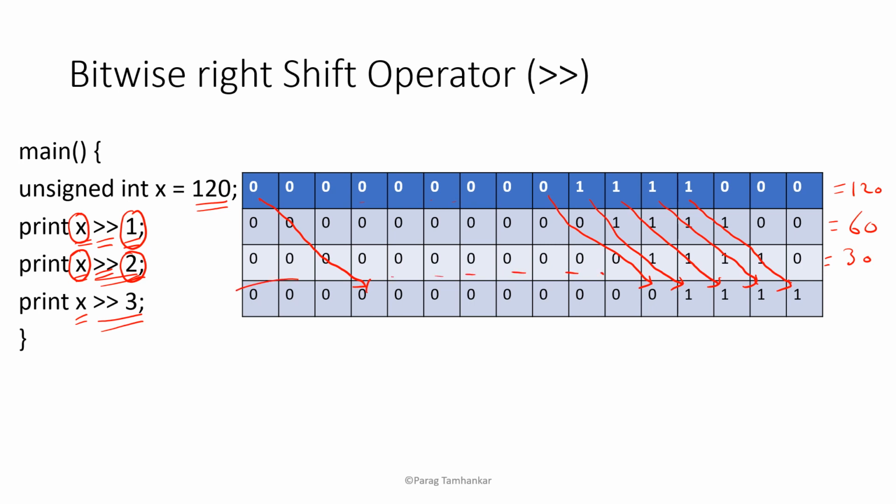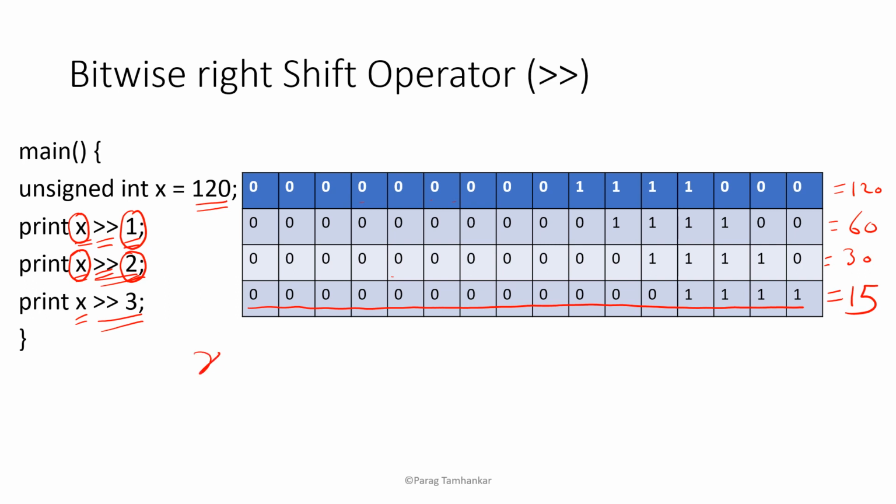Here we will have 3 blank positions, and all those blank positions will be filled by 0. Each bit of x is shifted to the right by 3 positions, so you get a new binary number now. This is the new binary number, and if you convert it to decimal, it is 50.